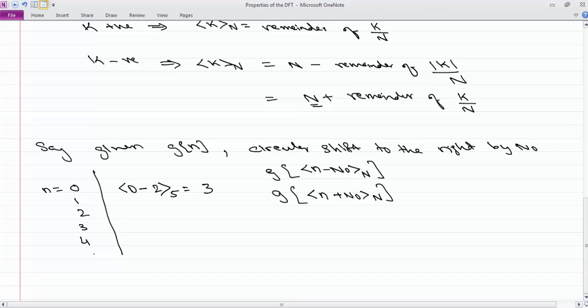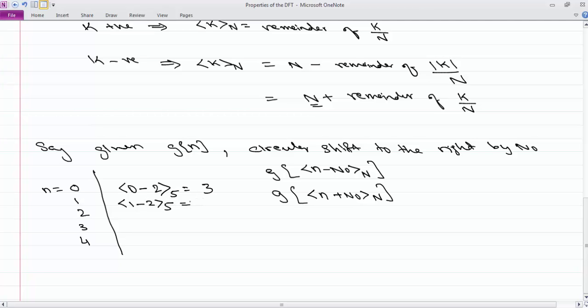But you can't go above 4, so it has to go back. So it goes to 0. Okay? So effectively, in your new sequence, whatever was the value at the third index is your new value.